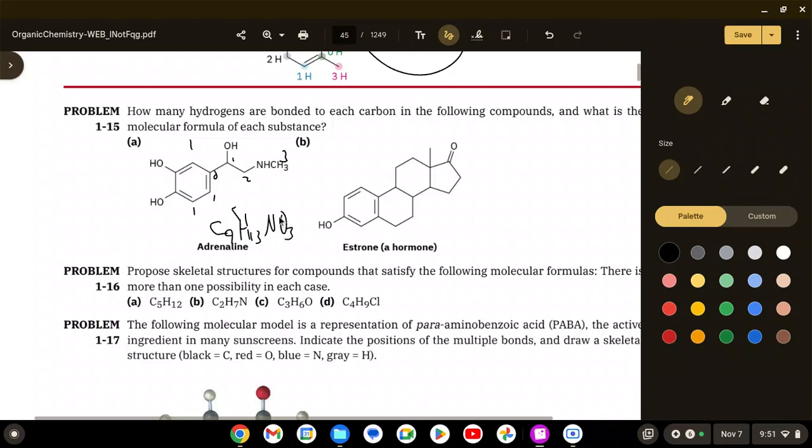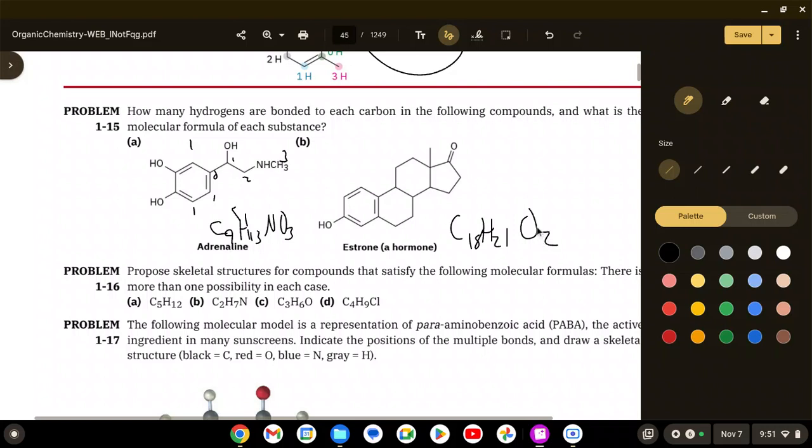NO3. And then 1, 2, 3, 4, 5, 6, 7, 8, 9, 10, 11, 12, 13, 14, 15, 16, 17, 18, 19, 20, 21. C6, H21. O2.